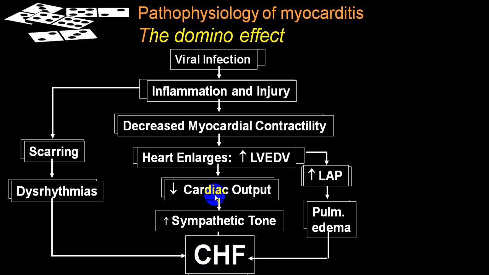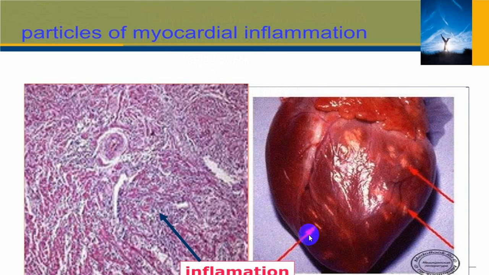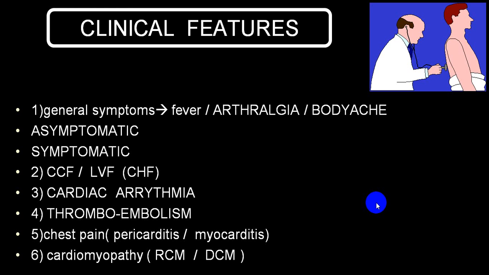Also, because of dilatation, left ventricular end-diastolic volume is increased, or we call it dilated cardiomyopathy. Left atrial pressure is elevated, pulmonary edema, and that will end into congestive heart failure. So this is a histopathological picture, and this is what we call inflammation resulting into scarring and then dilated cardiomyopathy.